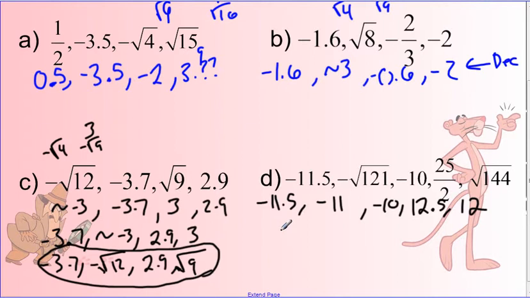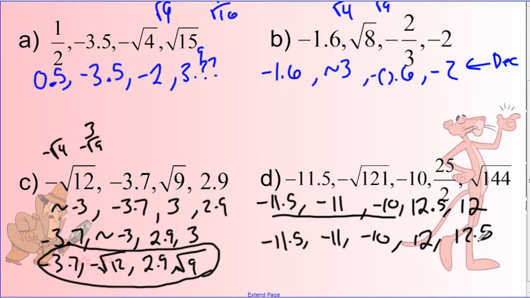Okay, so now we go and we put them in order. The smallest negative is -11.5, and then -11, and then -10. So those first three are actually already in order. And now in positive land, smaller. 12 or 12.5? Well, 12 is smaller than 12.5, so that's the order.